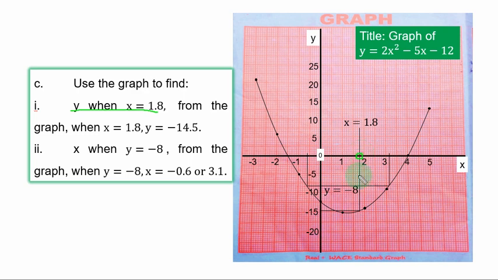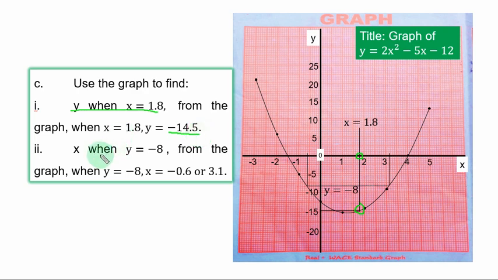If you draw the line down, it touches the curve at this point, and you trace to the y-axis. It is between minus 14 and minus 15. So we can have minus 14.5 when s is 1.8.